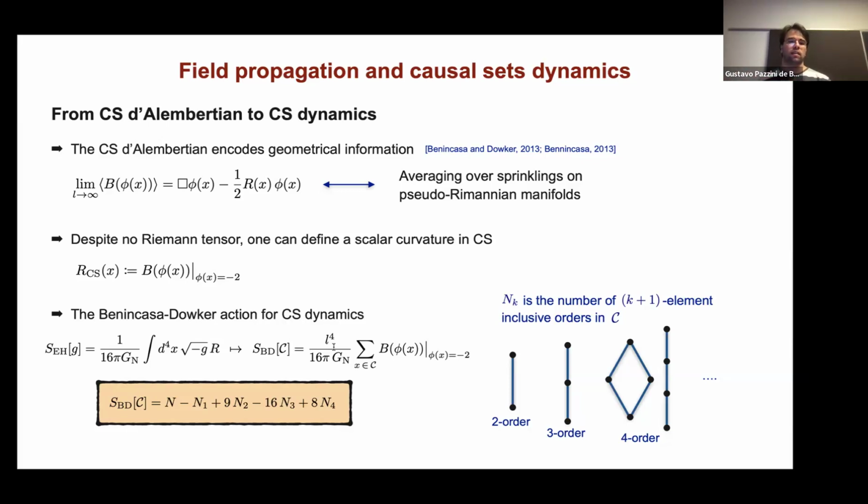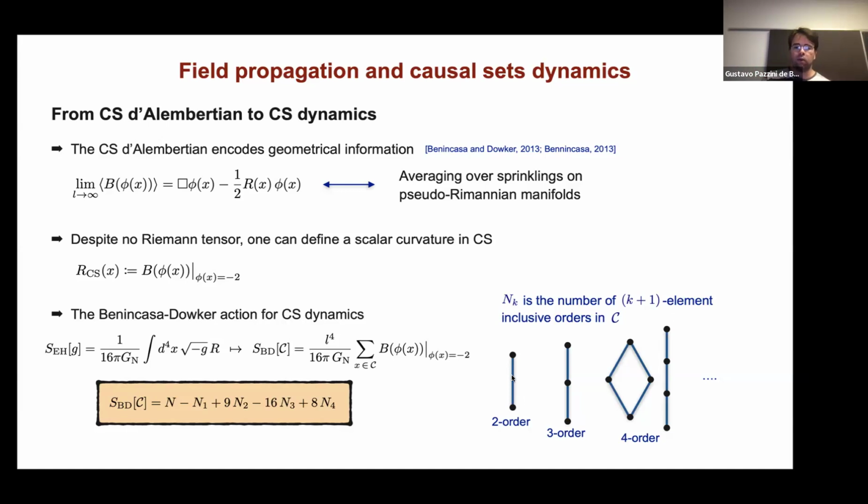This is what people call the Benincasa-Dowker action. In principle we can write it in terms of this B operator, but there is a nicer relation in terms of this. N here is the total number of points in the causal set, and then we have N1, N2, N3, and N4, which correspond to k-order, or k+1 element, inclusive orders in a causal set.